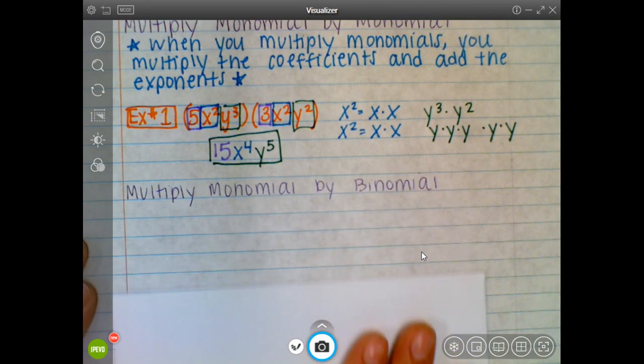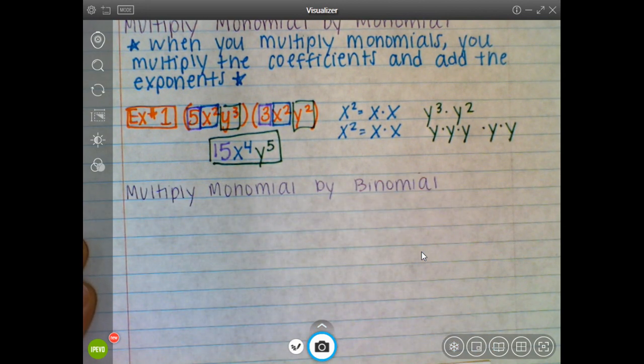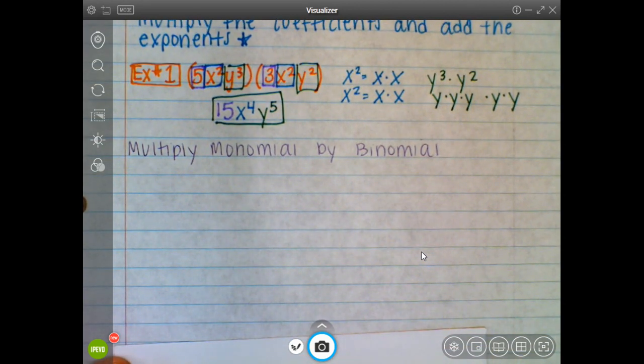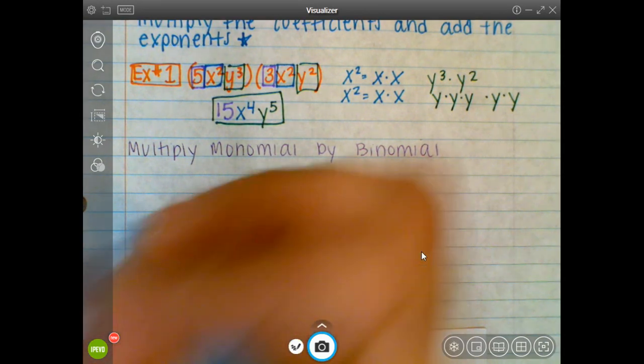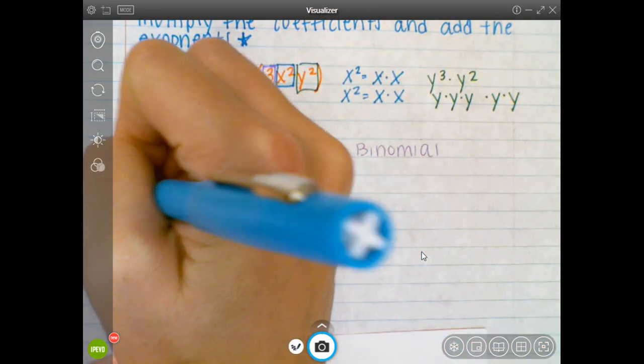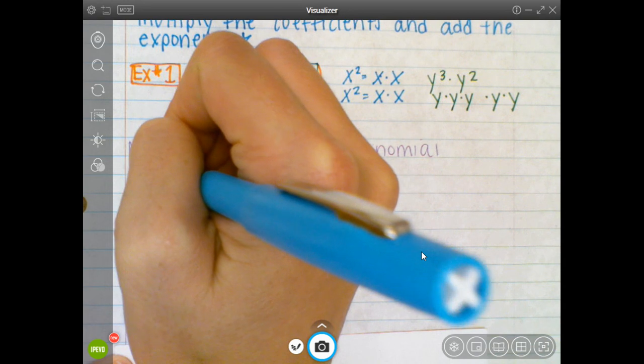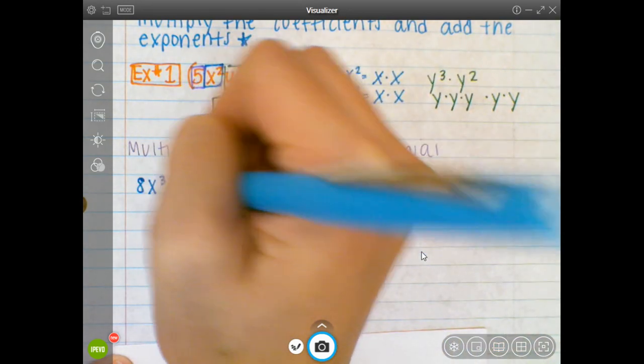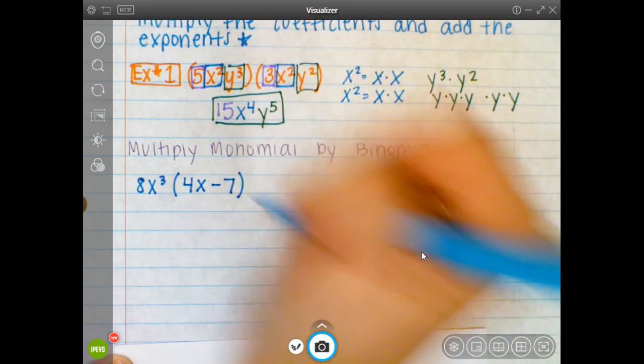Then what we're going to look at, and we'll do 2 examples of these, is when we multiply a monomial times a binomial. Now, it is the same method. It's just sometimes you'll have a longer expression. So let's do this one: 8x to the 3rd times 4x minus 7.